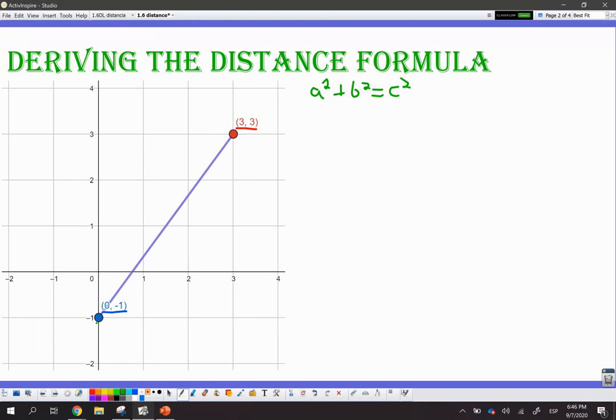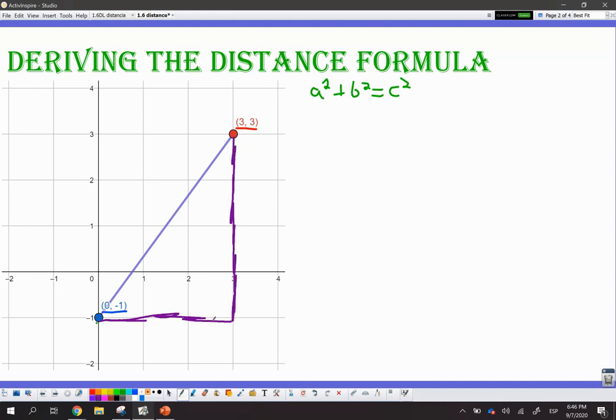A squared plus b squared equals c squared, which we can use to find the missing side of a right triangle, whether it's one of the legs or the hypotenuse. And as it turns out, if we look closely at this shape, we see that we can form a right triangle.